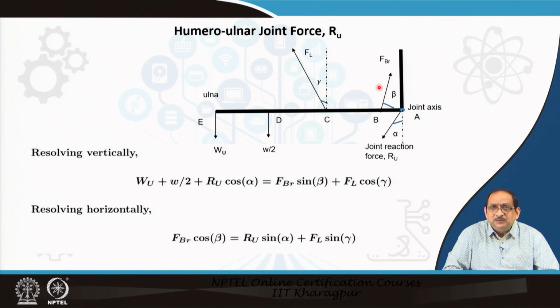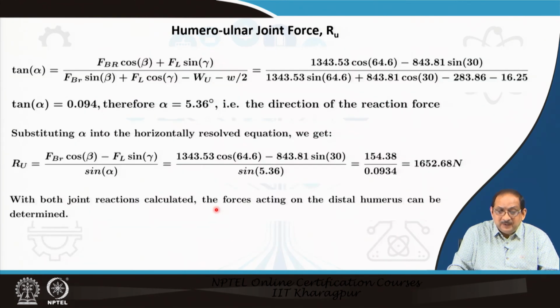So, we can resolve the forces based on the free body diagram, and applying the laws of equilibrium, we can resolve it vertically and horizontally, and we can write the equations accordingly. Thereafter, we can calculate the inclination of the angle of the humero-ulnar joint reaction force, using the two equations and the data that is already available to us.